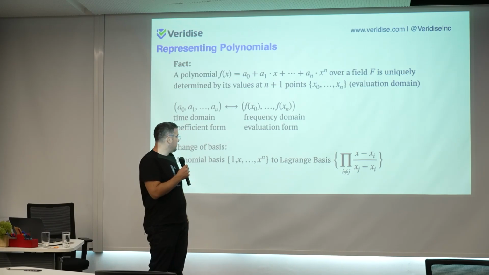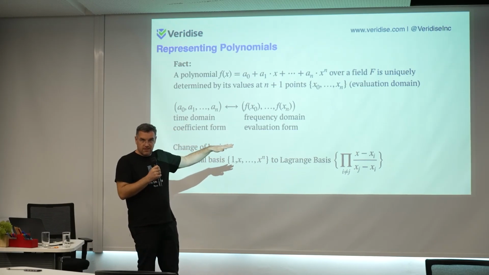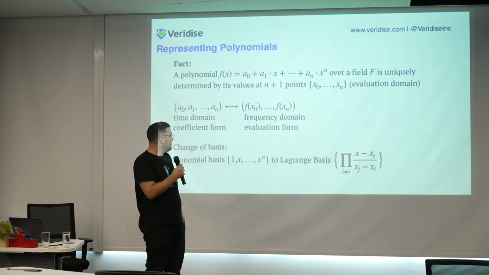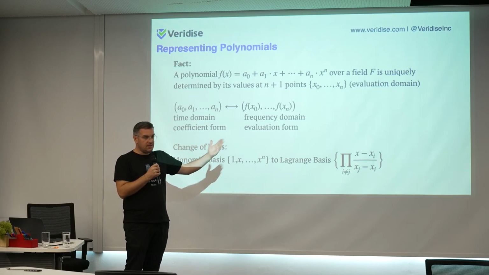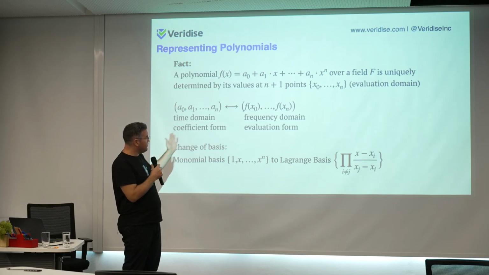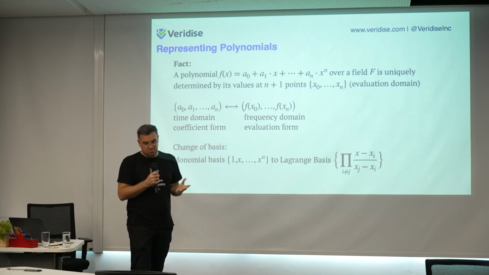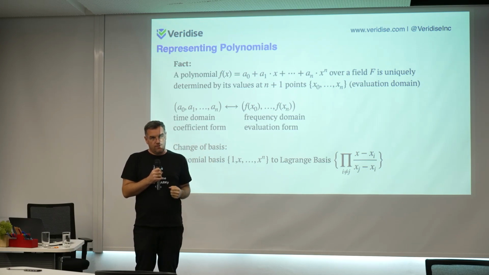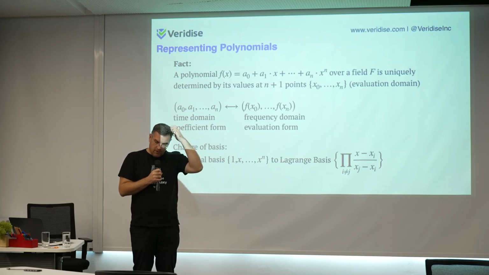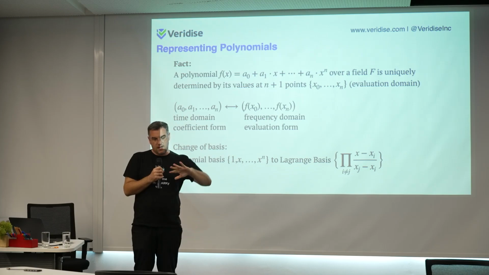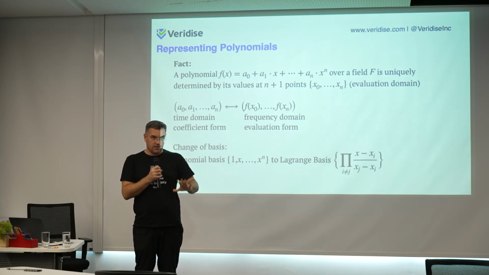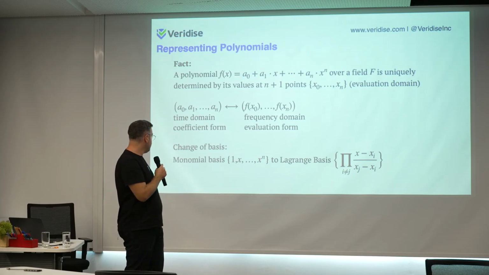This is called the evaluation form, obviously, because you're evaluating at those points. Now we have two different representations, and going back from one to the other is, in linear algebra, if you remember it from college years, just a change of basis. So it corresponds to a multiplication by a change of basis matrix.